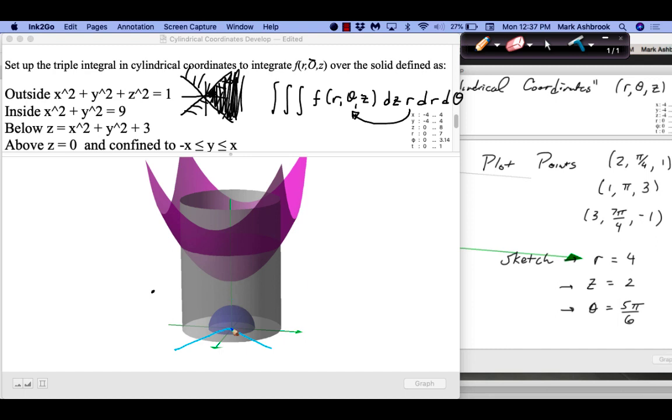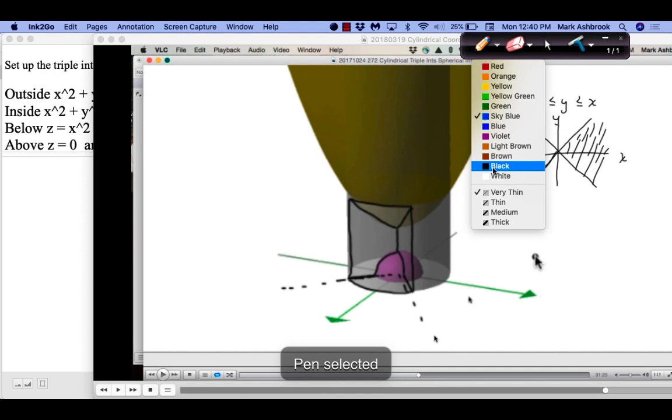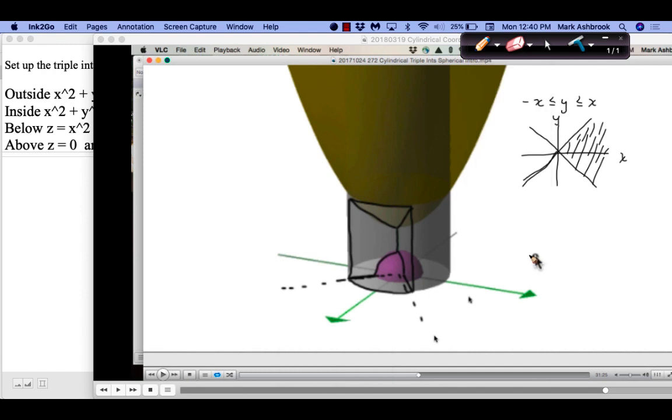So let's try to draw this thing now. So below the purple paraboloid, above the blue sphere, and also above the gray xy plane. And then between here and here, right? So it's going to be dz, then r dr d theta.